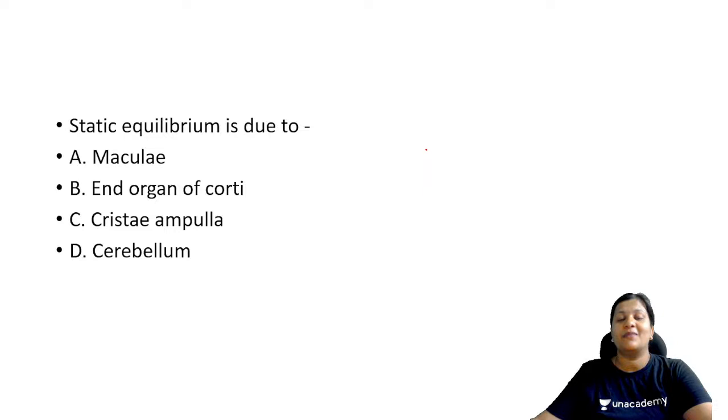Static equilibrium is a function that can be attributed to macular function, organ of Corti, crista ampullaris, or the cerebellum. So which receptor in your inner ear is responsible for static equilibrium?